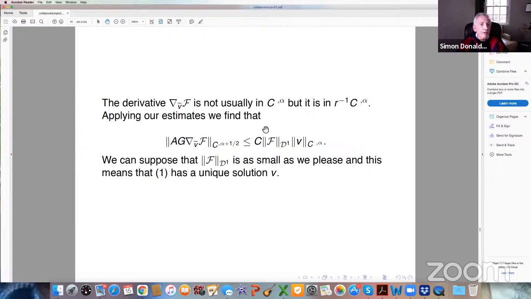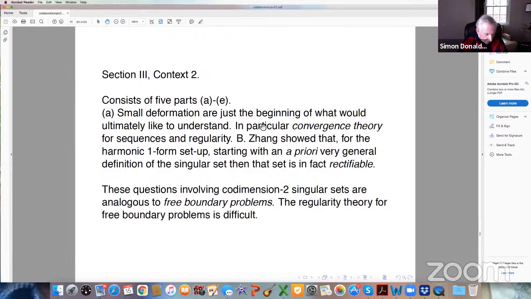And then we can go backwards to define f. So this is a proof that if we make a sufficiently small deformation from our original solution, the linearization is invertible. So that concludes our discussion of the proof.